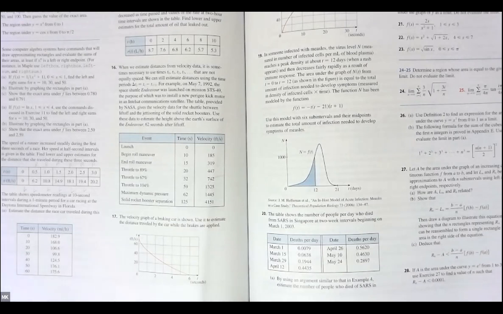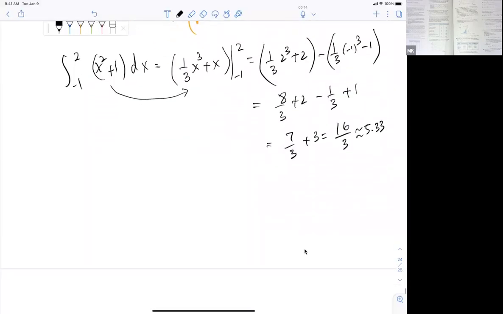So for this problem, I'll do this by sketching a graph that would kind of resemble the idea here. At 0 is 0. At 0.5 seconds, it's 6.2.